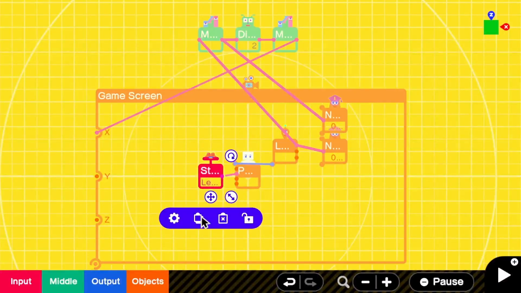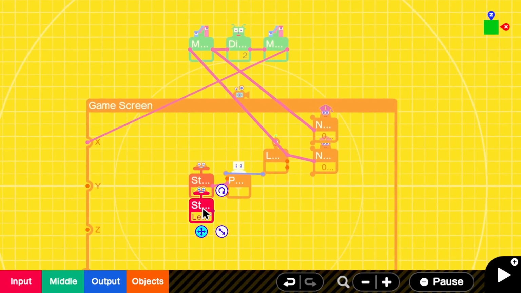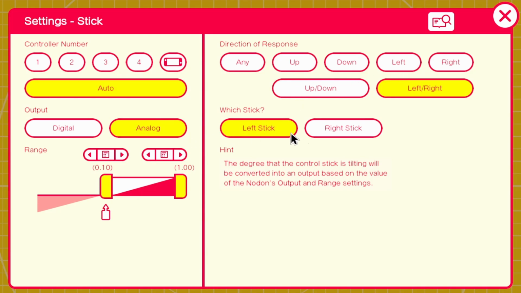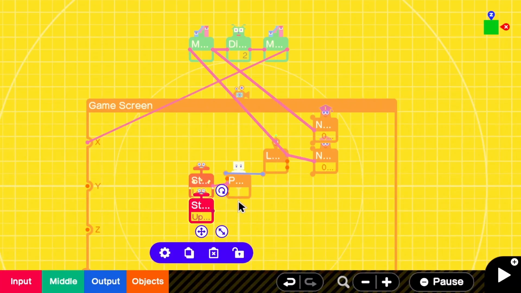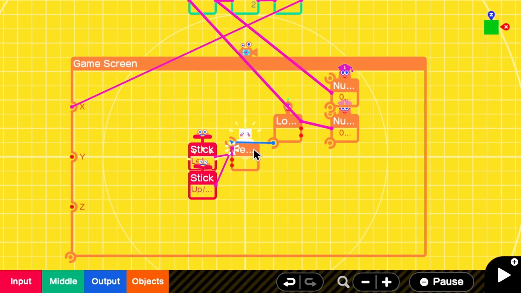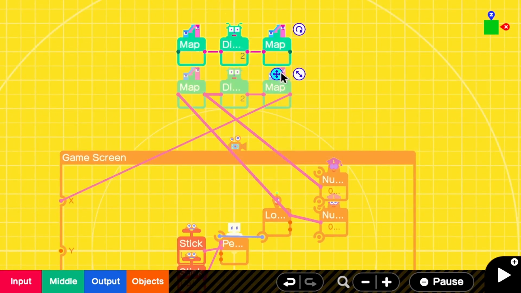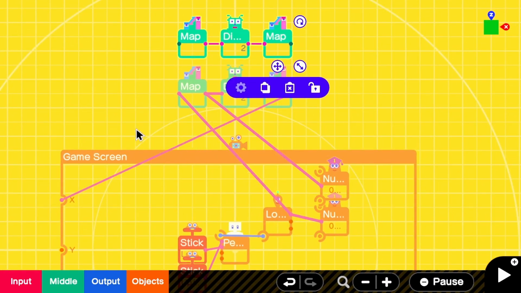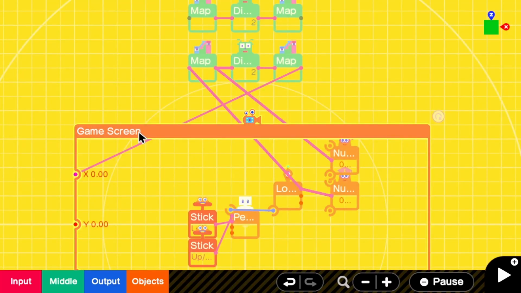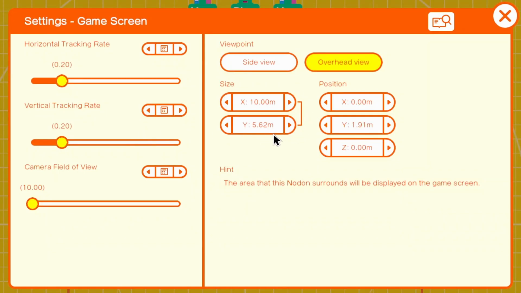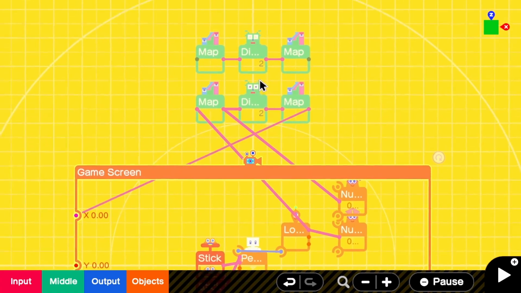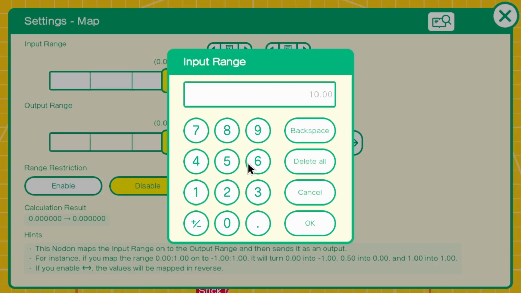And we can do the same thing for the z-axis. So let me just add these extra controls for the player and do the same thing for the z-axis. For the z-axis, the size of the game screen is, let's see, 5.62. So we want to change this to 5.62 and 5.62.